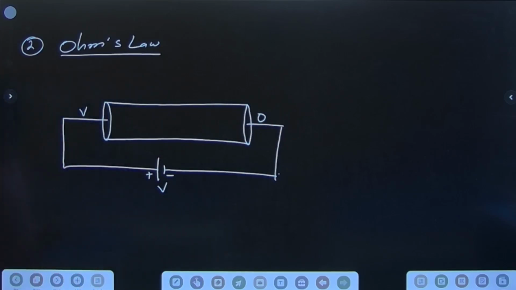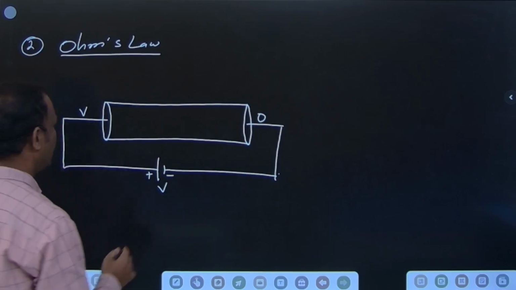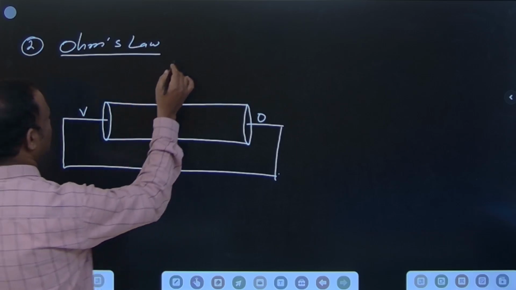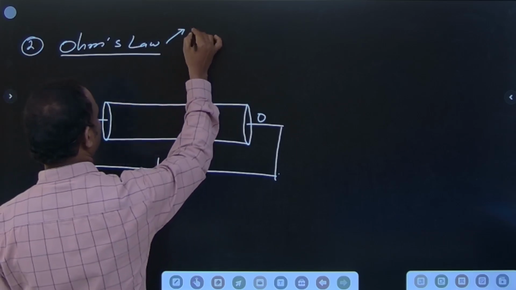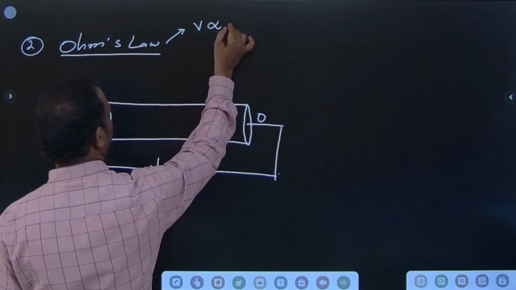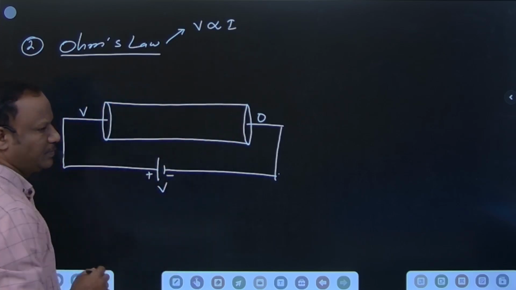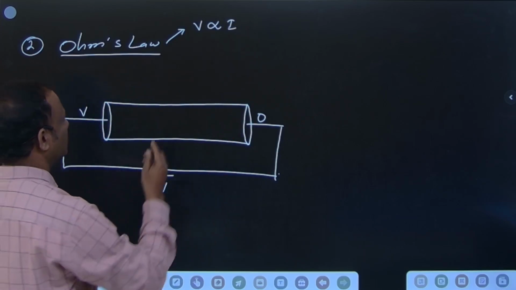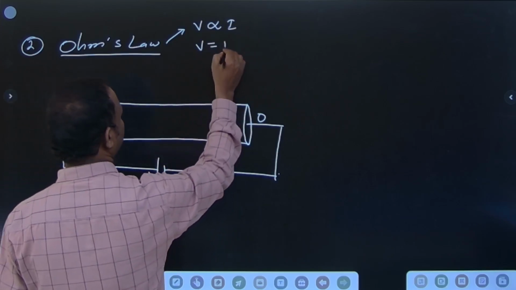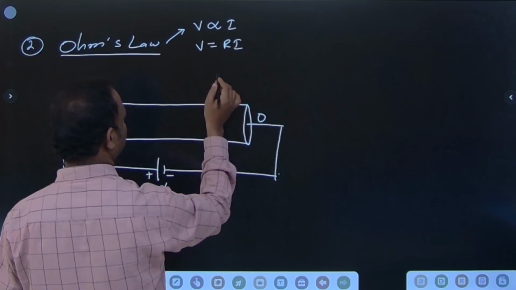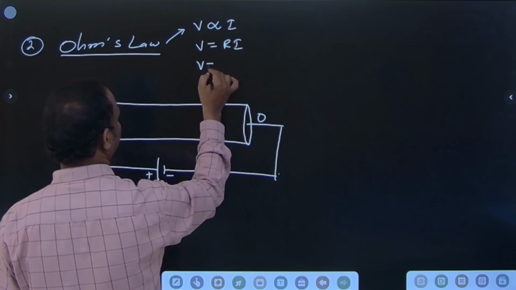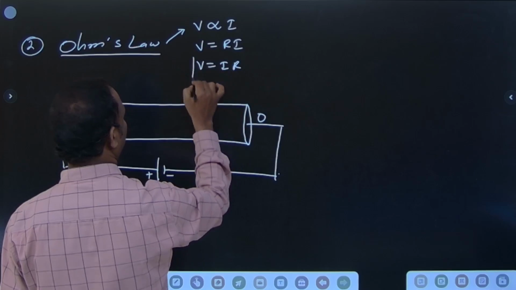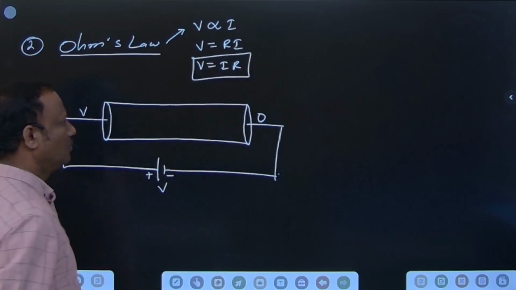The higher the potential difference, the higher the current. V is proportional to I. V is equal to IR. So V is equal to I into R is Ohm's law.